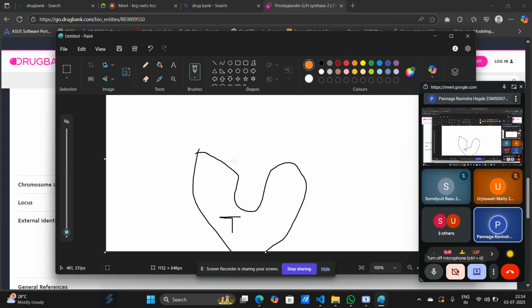For example, let's say the original role of the target was to promote glucose synthesis. Instead of promoting, when the drug comes and binds, it will stop producing glucose. So it is called the inverse agonist mechanism of drug action. Are you guys able to understand?